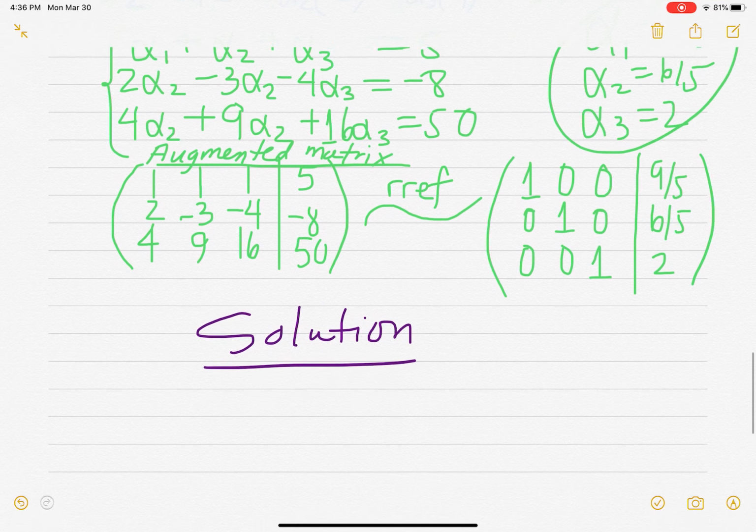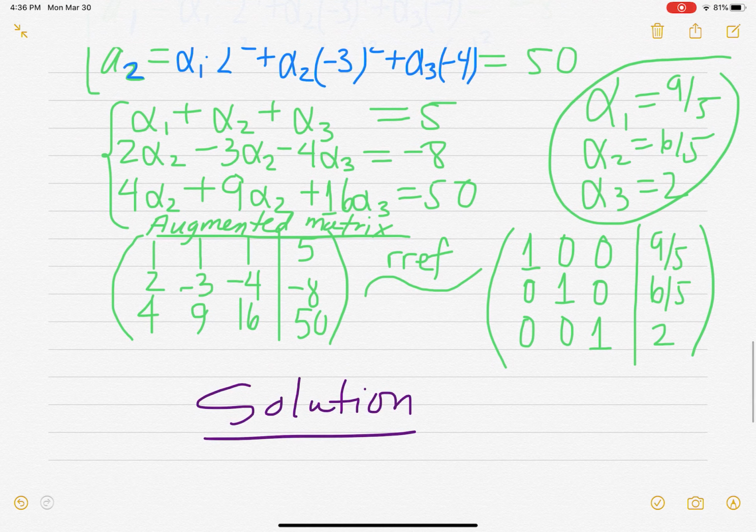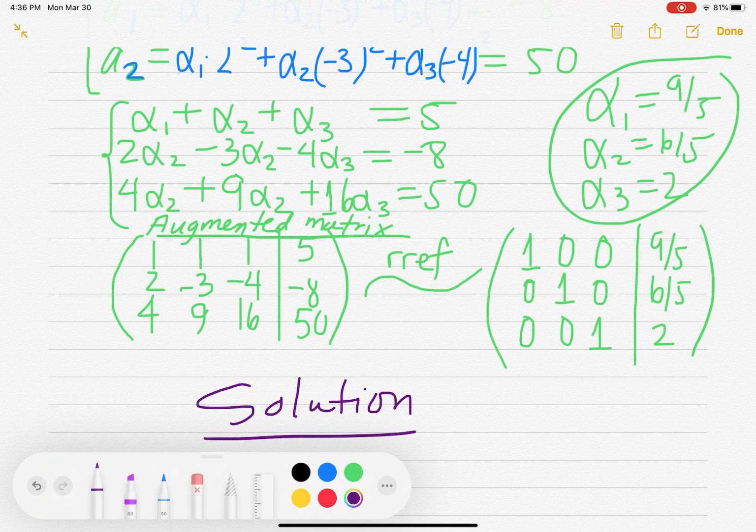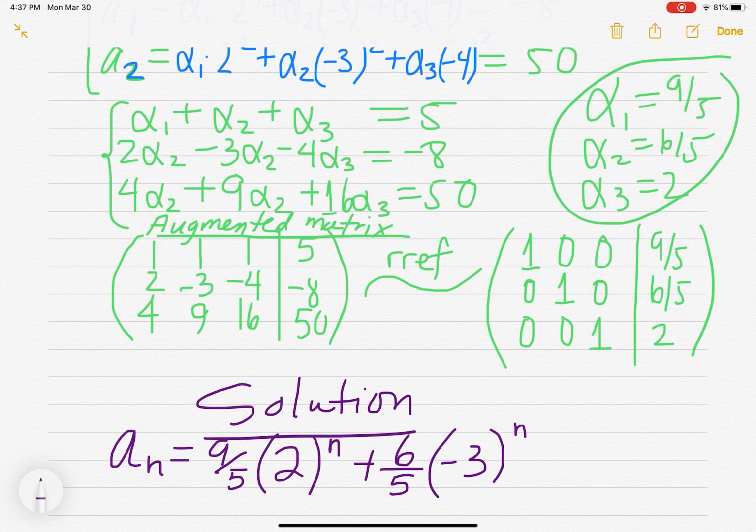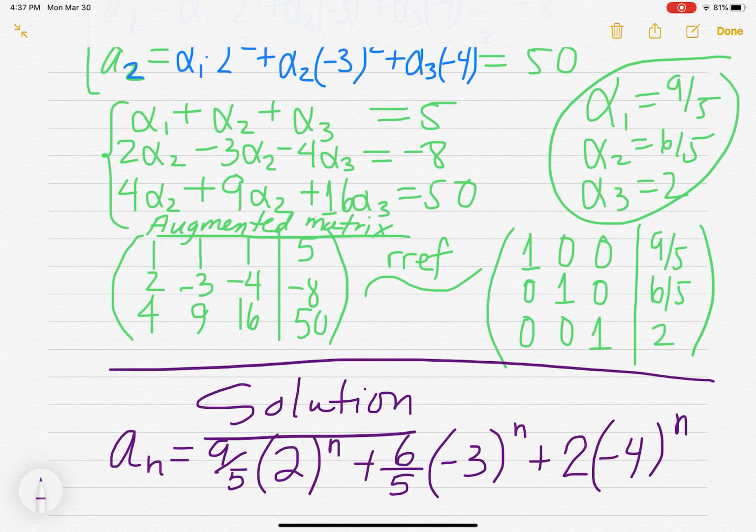Alpha 1 is 9/5, alpha 2 is 6/5, alpha 3 is 2. So we have a sub n equals 9/5 times 2 to the n, plus 6/5 times -3 to the n, plus 2 times -4 to the n. There we have it. There is our actual solution.